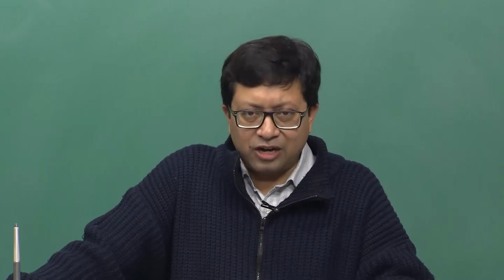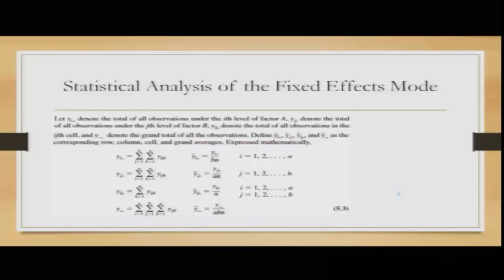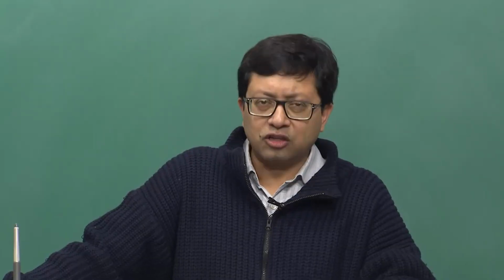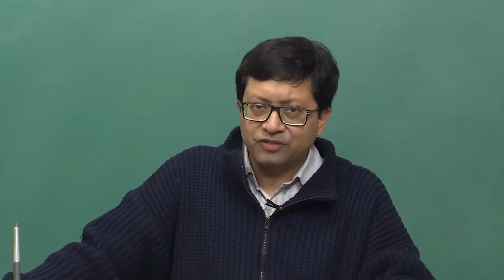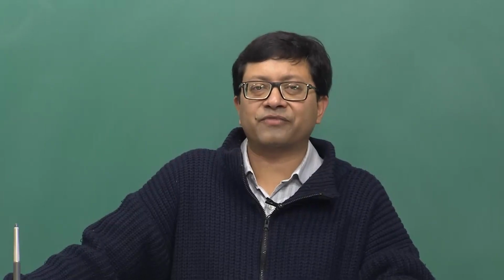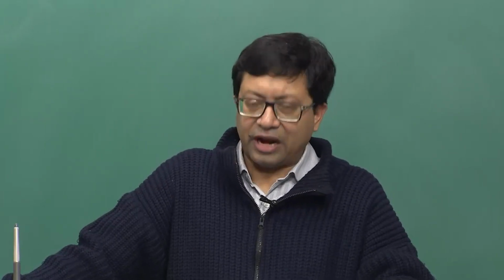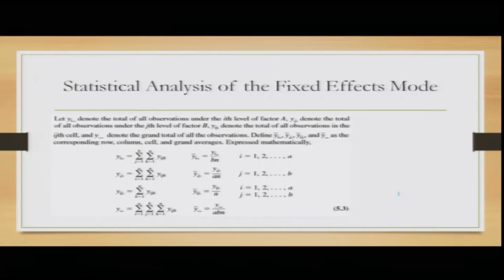Basically, y i dot dot means the total of all the observations under the ith level of factor A. Now, y dot j dot means the total over all the combinations of i and all the combinations of k for any fixed value of j, which is for factor B. And y dot j dot dot gives the total of all the observations under the jth level of factor B.